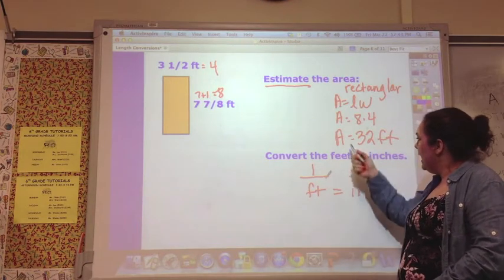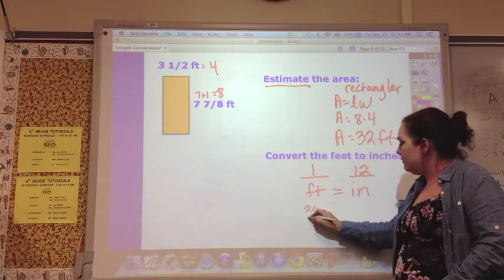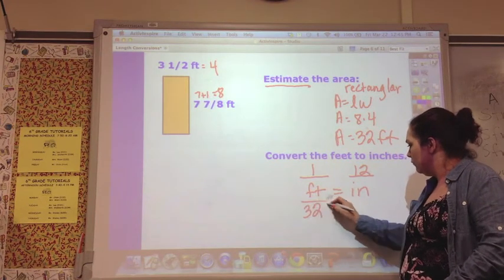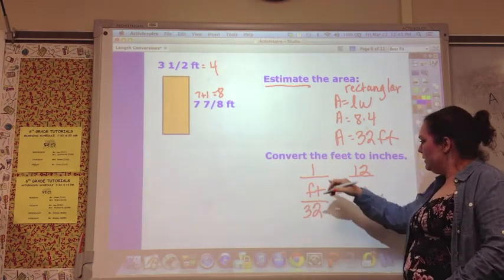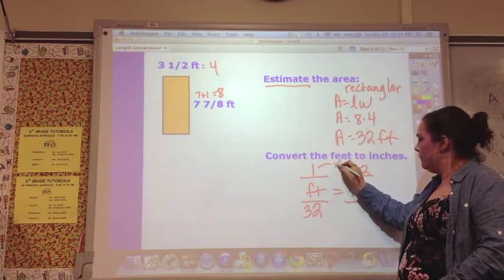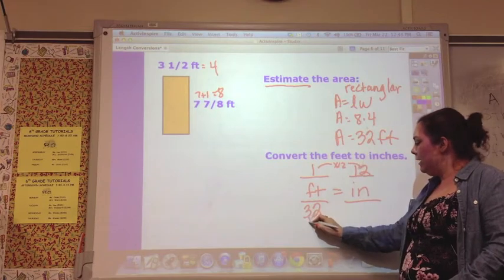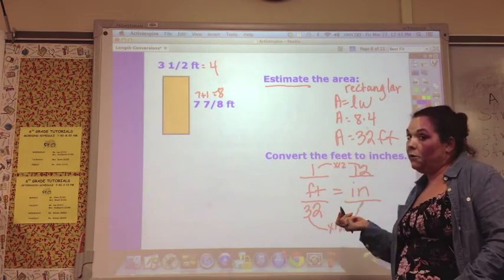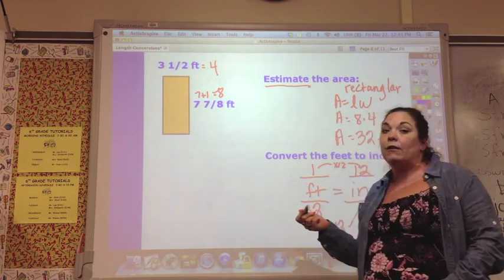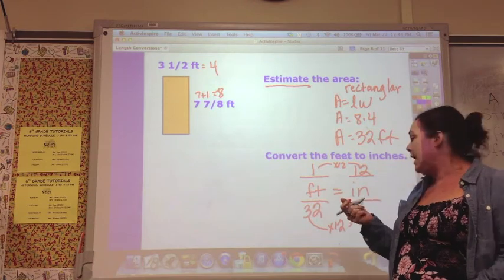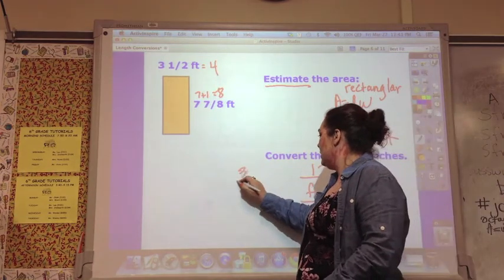And so we have 32 feet. How do we get from 1 to 12? Times 12. So 32 times 12. So I have to do a little math here, and with a lot of these, the math really comes into play, and we're really making you work those multiplication skills.